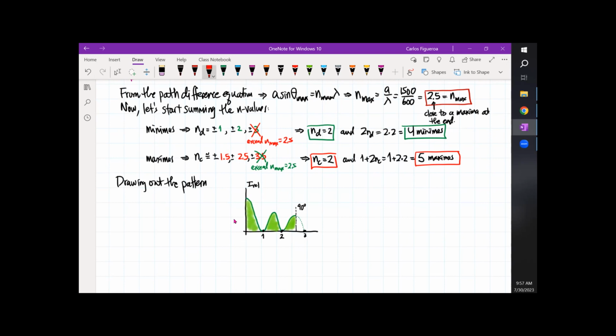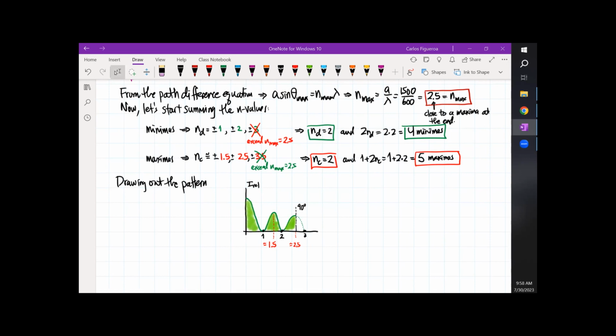So this one right here is approximately 1.5, and this one right here is approximately 2.5. So there's my pattern.